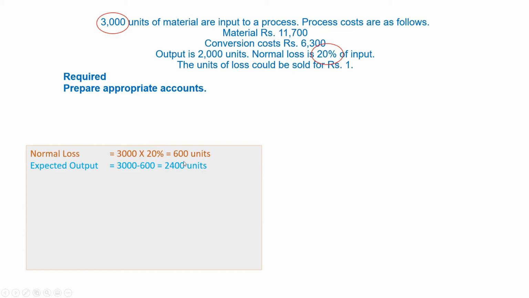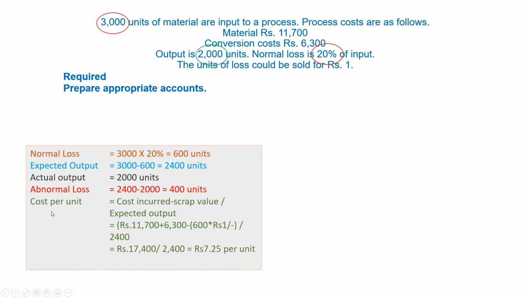However, our actual output is 2,000 units. So we had an abnormal loss of 400 units, because we were expecting 2,400 but the actual result was 2,000.